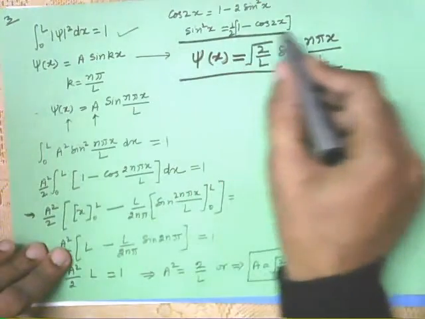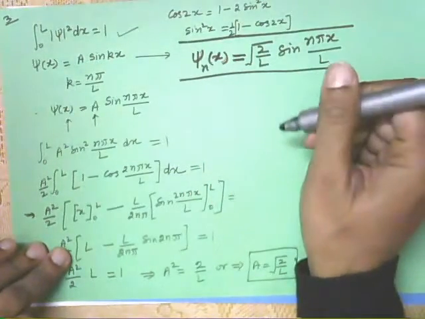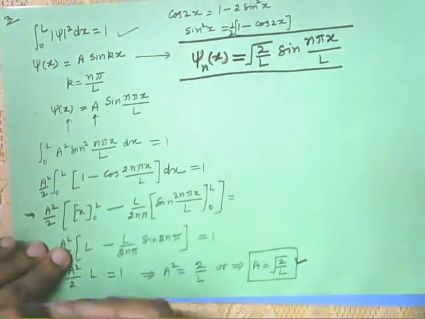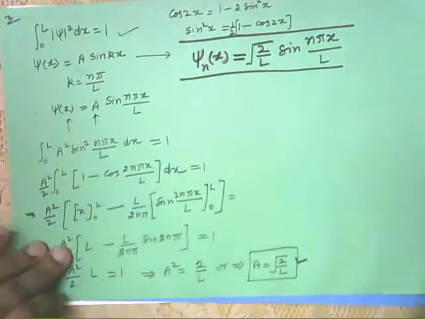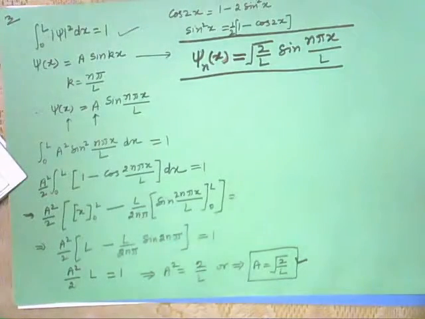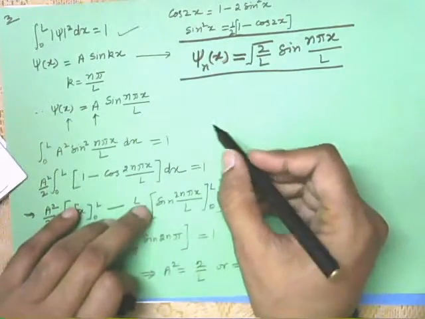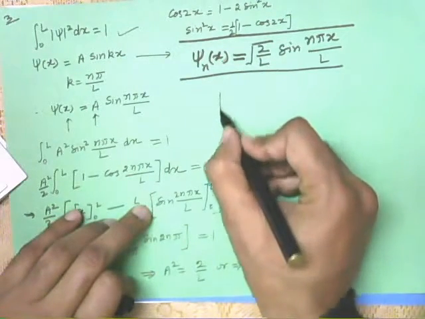This one is the standard formula for the wave function, and one can calculate all the wave functions for the particle. Now we can plot the graph between the wave function and the probability. So the first three normalized wave functions we can plot here.